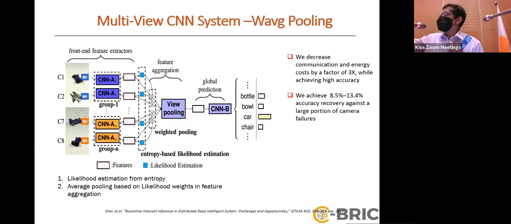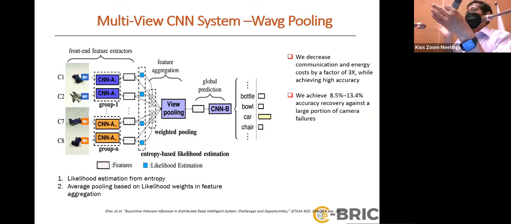So I'm probably going to weigh that feature a little more. And maybe your side view has less of a mask, so I can see you more, so I would probably weigh it more. So it can dynamically adapt itself to these types of perturbations. And one of the things we saw is that, because of this weighted pooling, it was pretty robust towards failures or occlusions in different views.